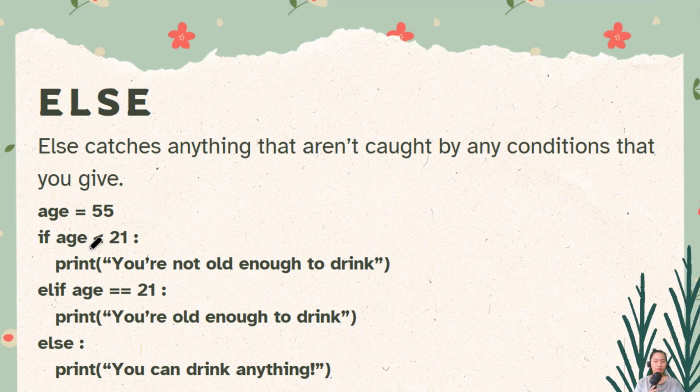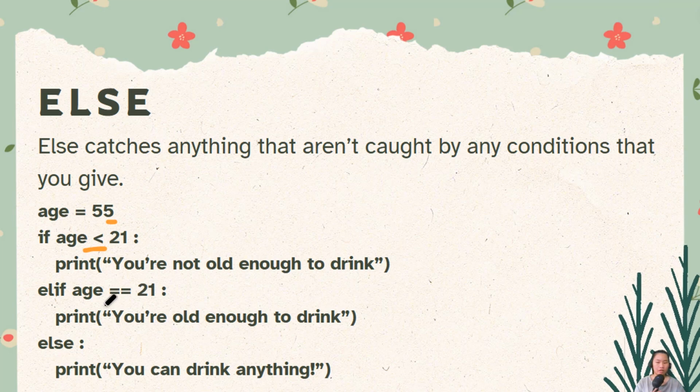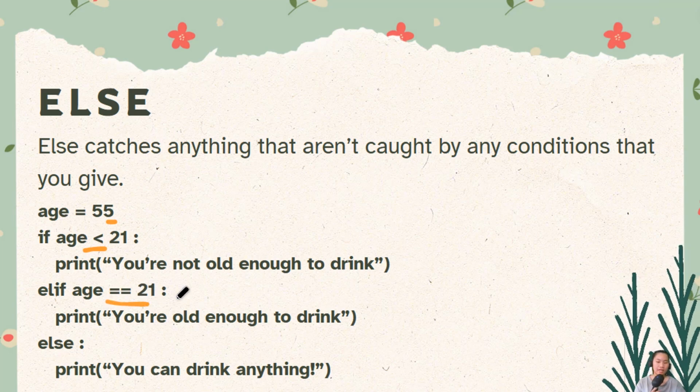So, the condition of age is less than 21 is not fulfilled, because this age is 55. Now, age equals 21 is not fulfilled, right? Whatever is not true, it jumps onto else. Print, you can drink anything. Now, if you don't have else, it's just not going to do anything, basically.